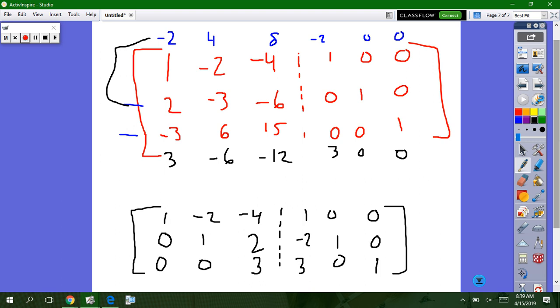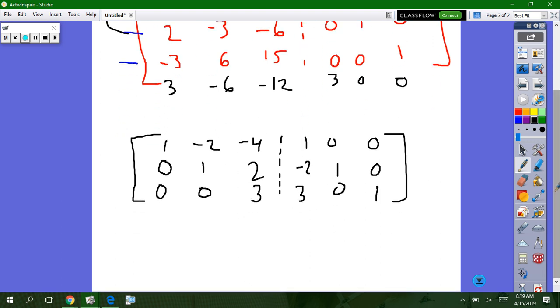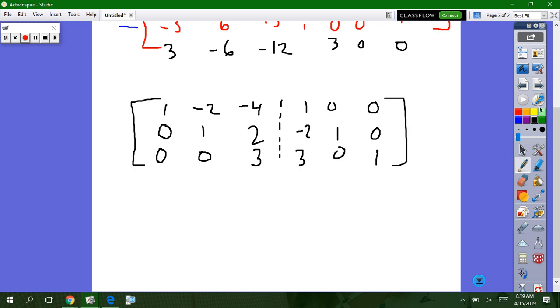All right, guys, tell me what's my next step. Where that 3 is on the bottom right of our first matrix, we want that to become a 1. How do I turn that 3 into a 1? Divide by 3. Is everybody in agreement? All right.